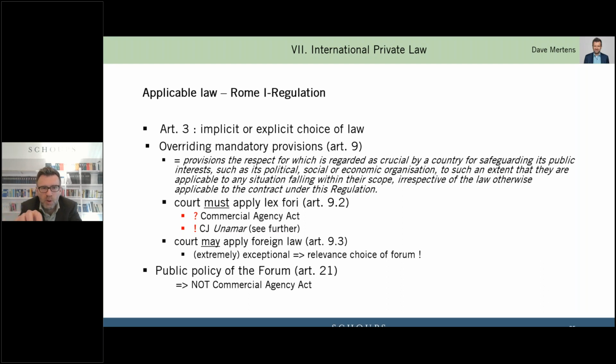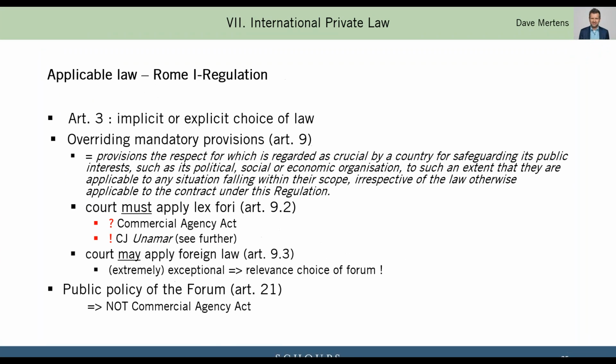So the court must apply or may apply. May is not that important in the sense that I have no knowledge of, there's only very limited case law applying the Commercial Agency Act of another member state and setting aside the choice of law made for the domestic law, for instance. Very exceptional, potentially possible, very exceptional, which again emphasizes the relevancy of the choice of forum.